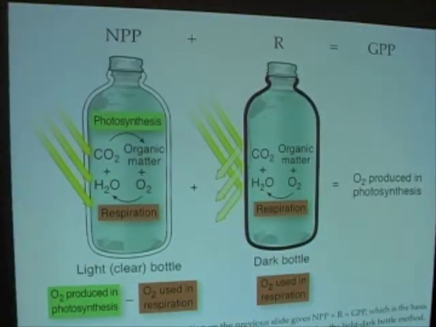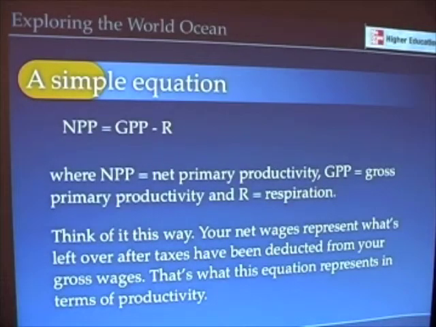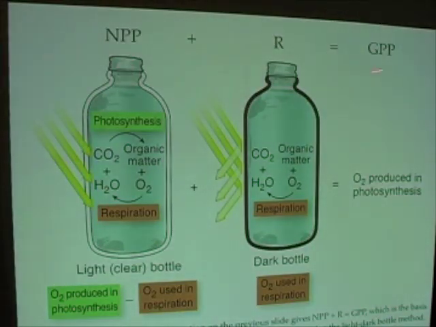Okay? So this equation that I just showed you, net primary productivity equals GPP minus R: in the dark bottle, we've just measured this quantity. In the light bottle, we've just measured this quantity. And since we have an equation with 3 unknowns of which we've just identified 2, we can easily find the third.